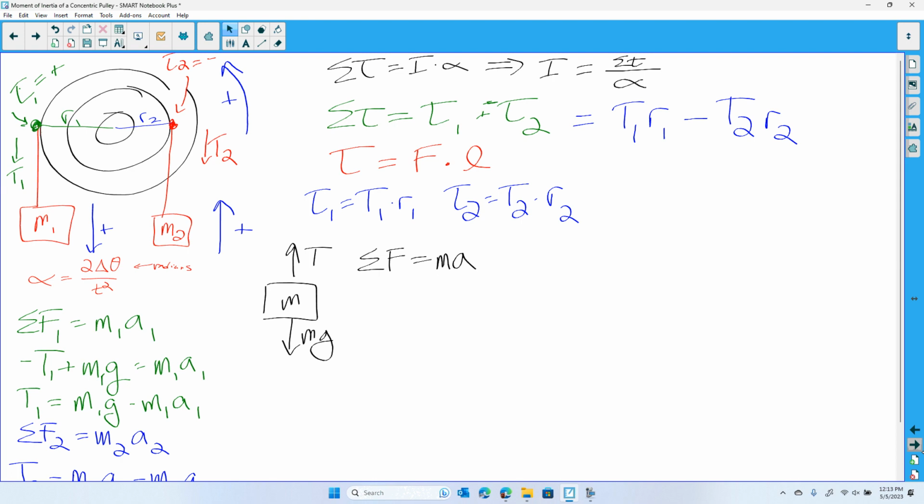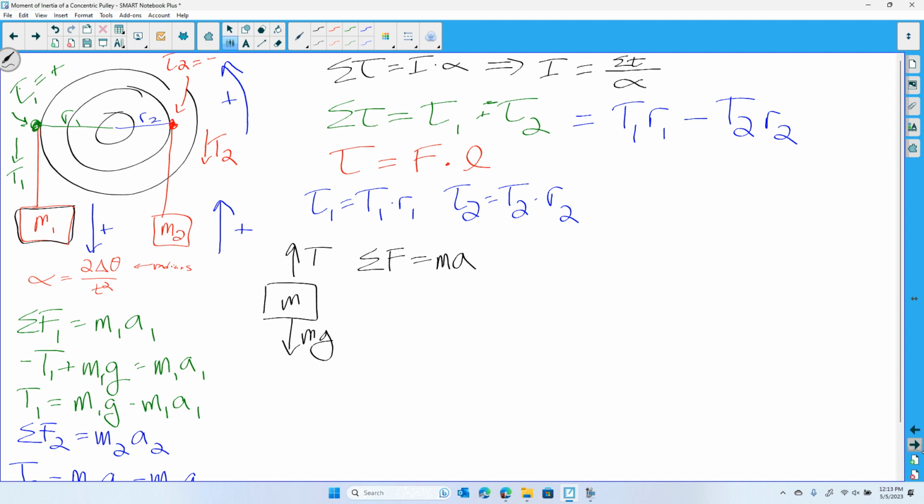And that's because we can save ourselves a bunch of effort here and get much more accurate results by recognizing that while the mass on the left is going to have a larger acceleration than the mass on the right, they're both going to be related to the acceleration of the concentric pulley. The faster that thing is accelerating, the faster mass 1 will be accelerating down, and the faster mass 2 will be accelerating up. How do we know that? Because we tied together the acceleration of an object hanging from a string like this.